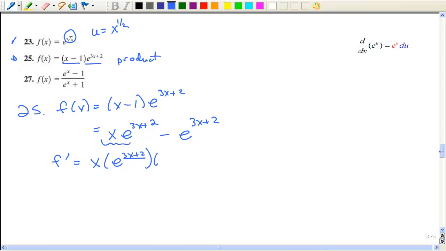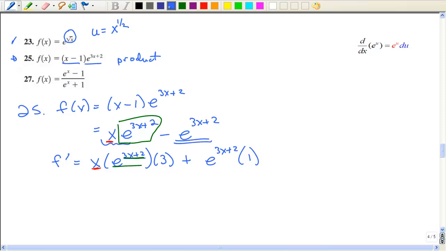The derivative of that is 3. All right, so let's just say that one more time. Took the first one, taking the derivative of all of that, so you get the original times the derivative of that exponent. But that's not the rest of the product rule, plus the second times the derivative of the first.